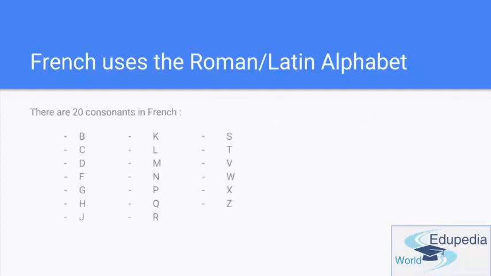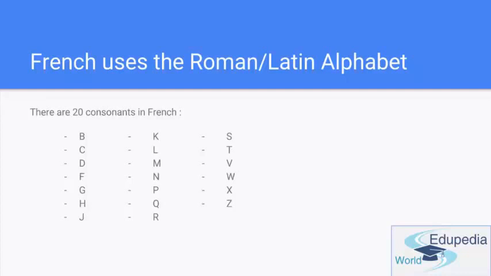There are 20 consonants in French, which are the same as in English, but which are pronounced differently. First, we have B, then C, D, F, G, H, J. Those ones are not really tricky, but instead of saying B or C like in English, we have an A sound in French.